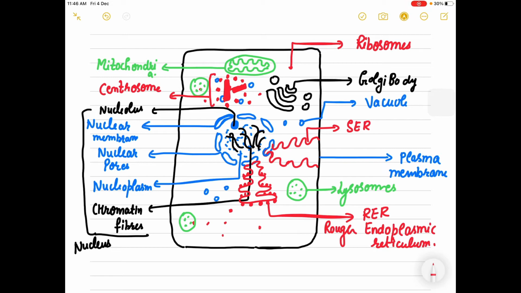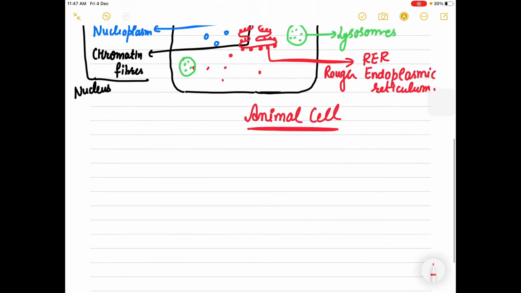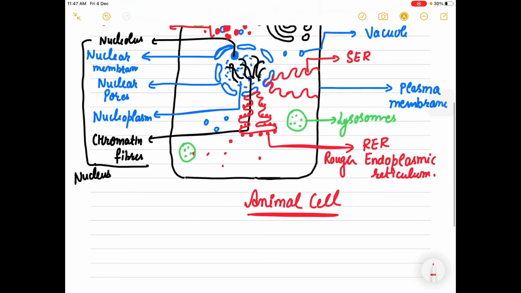So this is the structure of our eukaryotic animal cell. I think you can easily draw this structure very well during the exam time, and you can label all of its parts.